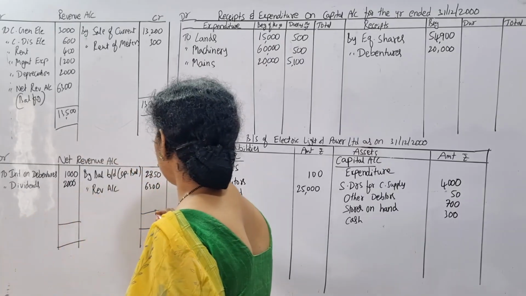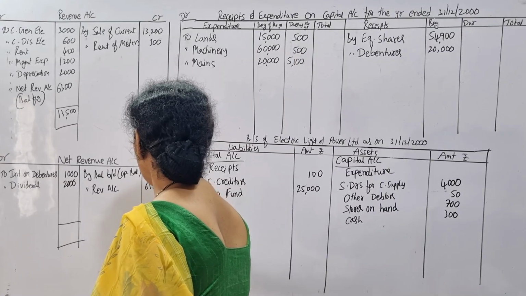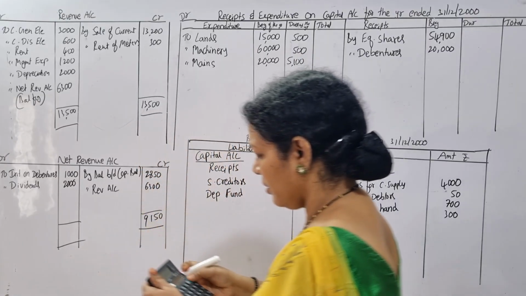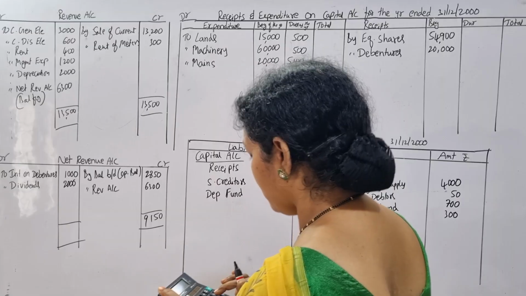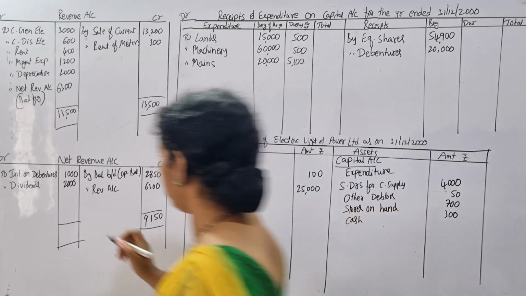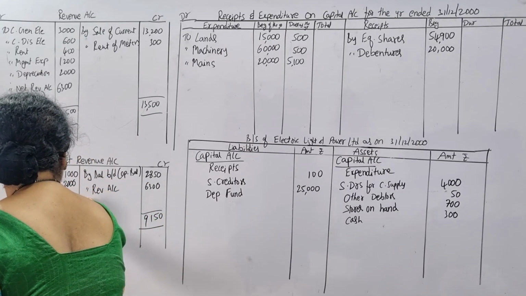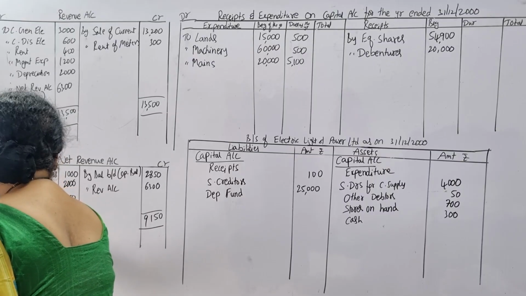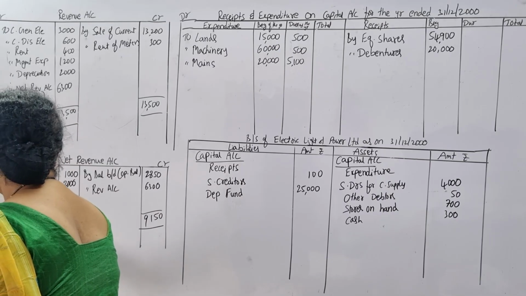Here also the credit side is more, 9,150. 9,150 minus 3,000 is 6,150. What do we say? Balance transferred to balance sheet.